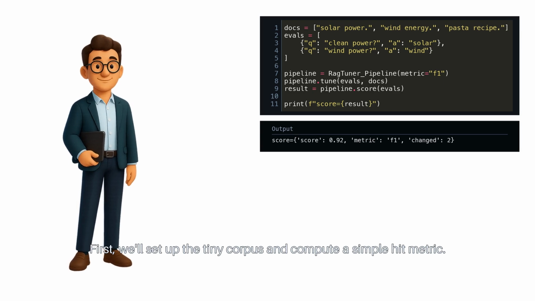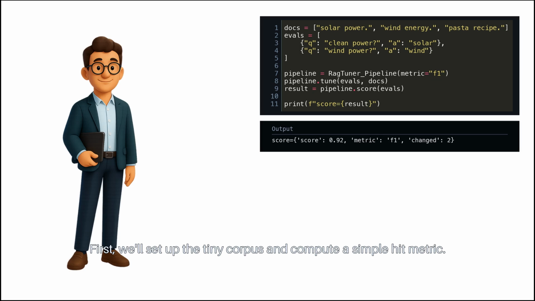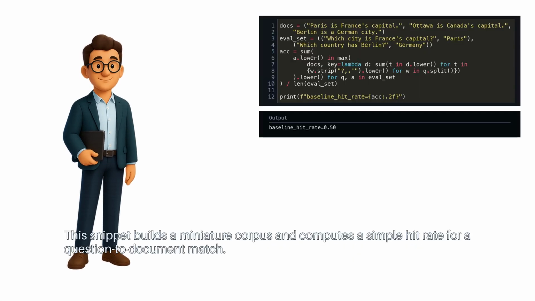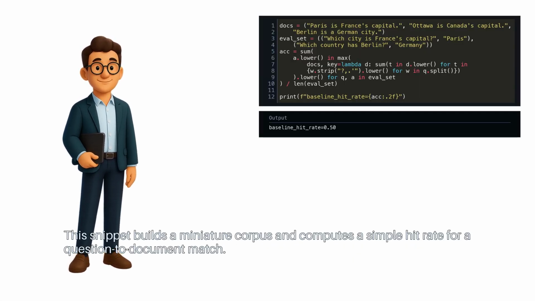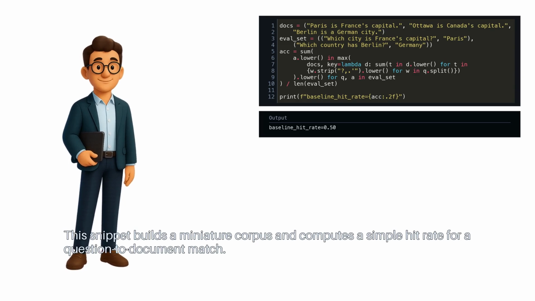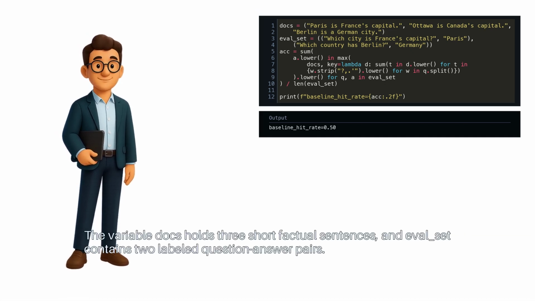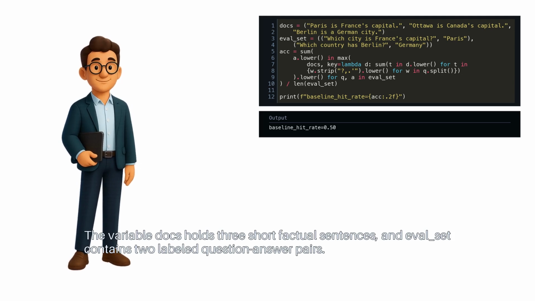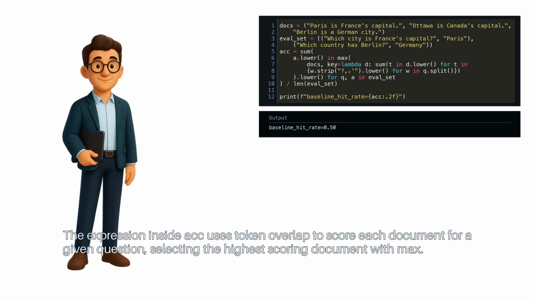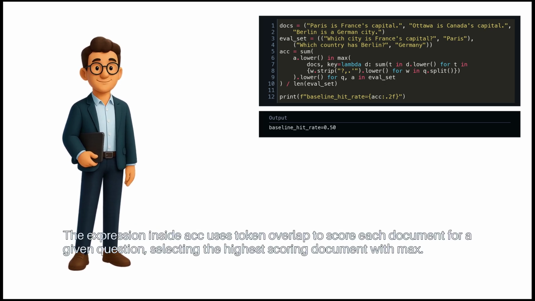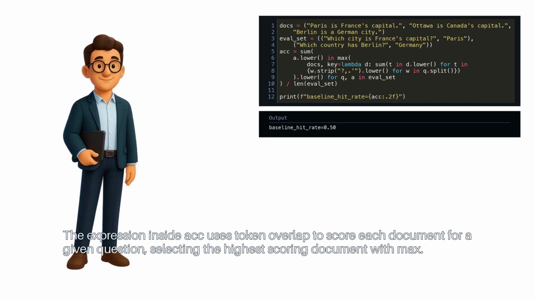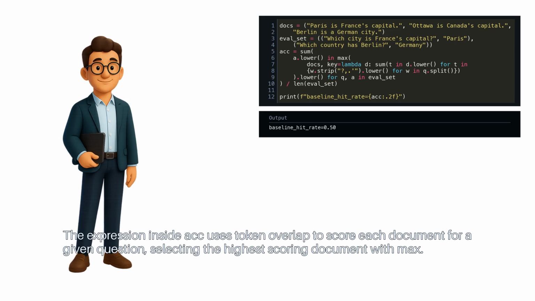First, we'll set up the tiny corpus and compute a simple hit metric. This snippet builds a miniature corpus and computes a simple hit rate for a question-to-document match. The variable docs holds 3 short factual sentences, and eval set contains 2 labeled question-answer pairs. The expression inside ACC uses token overlap to score each document for a given question, selecting the highest scoring document with max.